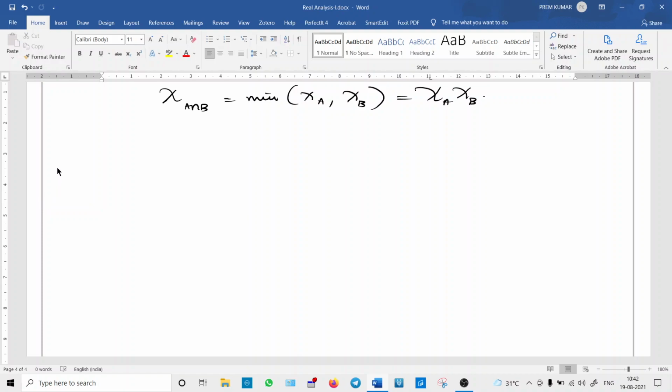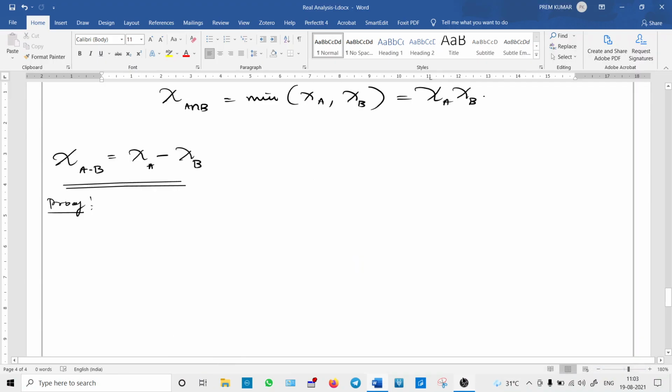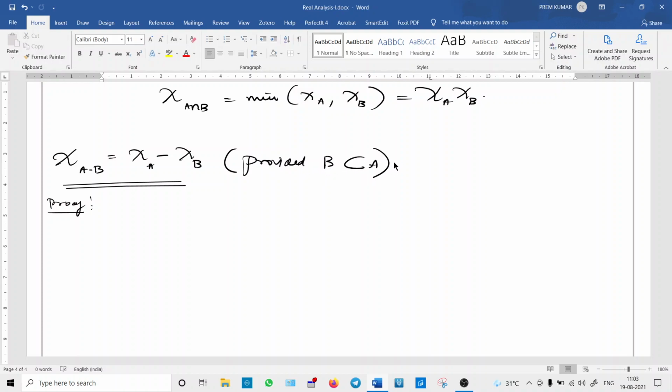Now next, we have to prove that chi A difference B equals chi A minus chi B. Here, the condition provided is that B must be a subset of A. That is the important condition, not for all kinds of sets.